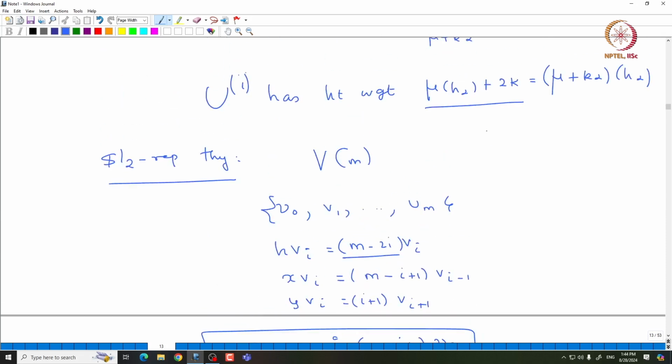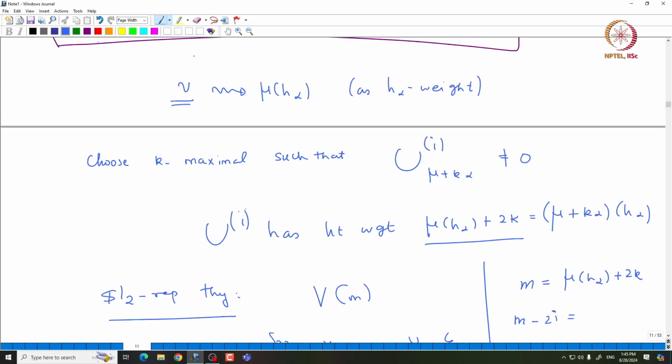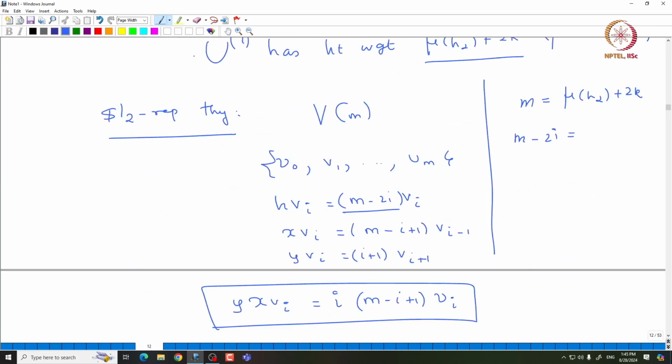So, if we do the similar thing here, we have m to be mu of h alpha plus 2k, which is the highest weight, and this m minus 2i being the weight mu of h alpha. So, that is what corresponds to the chosen vector V inside this U I mu. So, this m minus 2i is nothing but mu of h alpha. Now, if you do the calculation, you can easily see that mu of h alpha plus 2k minus 2i is nothing but mu of h alpha.